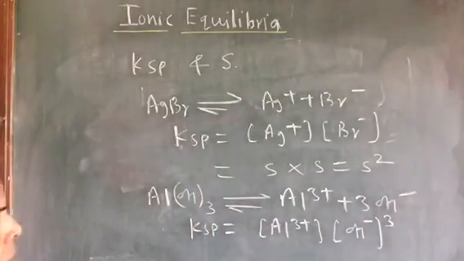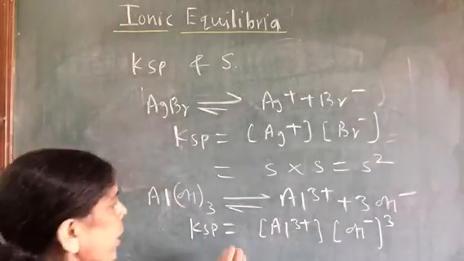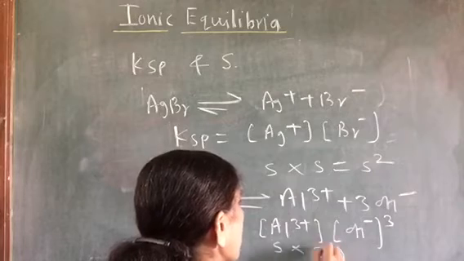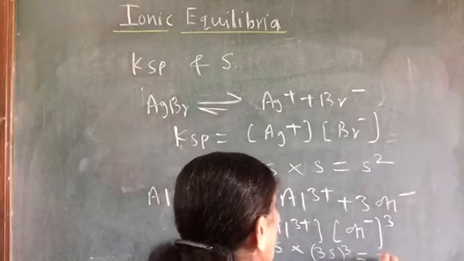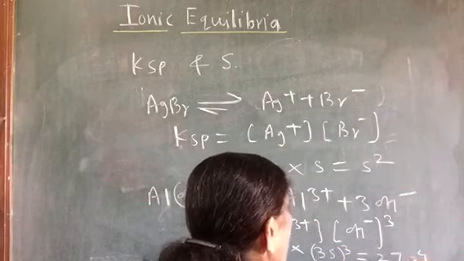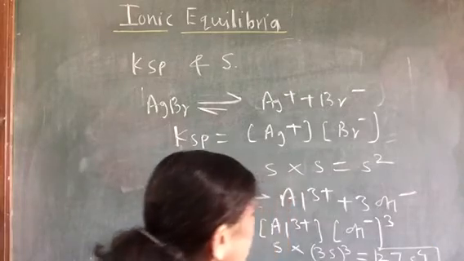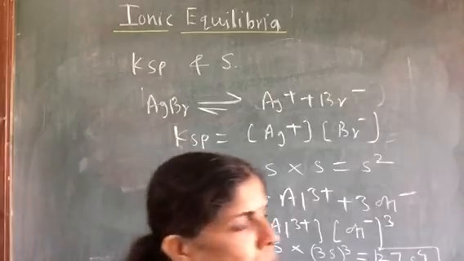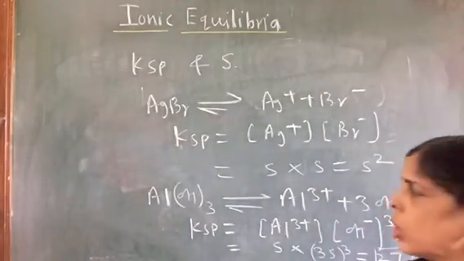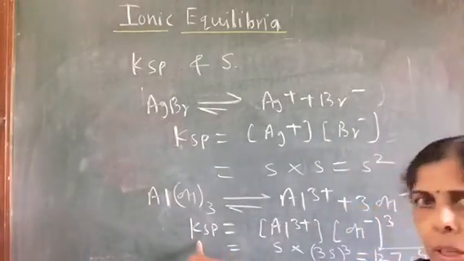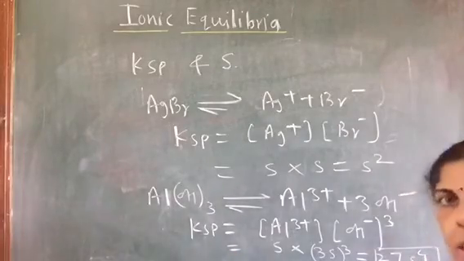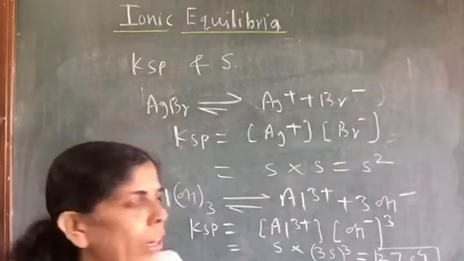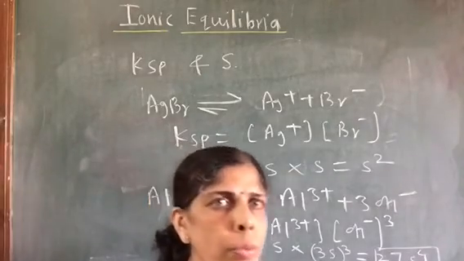If solubility is S, then KSP will be equal to S into (3S) raised to 3, that will be equal to 27S^4. So for salts like Al(OH)3, the relationship between solubility and solubility product is KSP equals 27S^4.